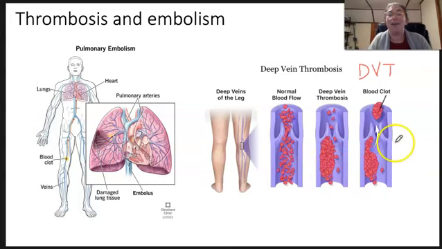And then if that clot lets loose, it can travel through the vasculature and end up stuck in the pulmonary arteries. So how is it diagnosed? It's diagnosed through symptoms in the leg. Sometimes you get swelling and pain associated with DVT, but a big thing with DVT is prevention.